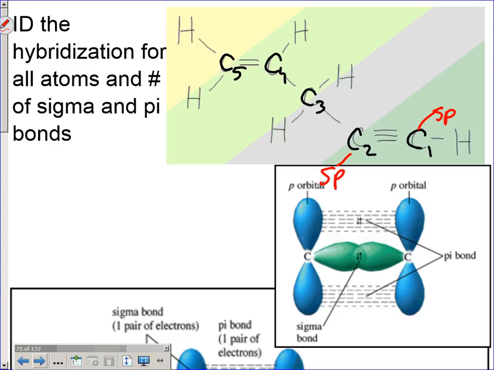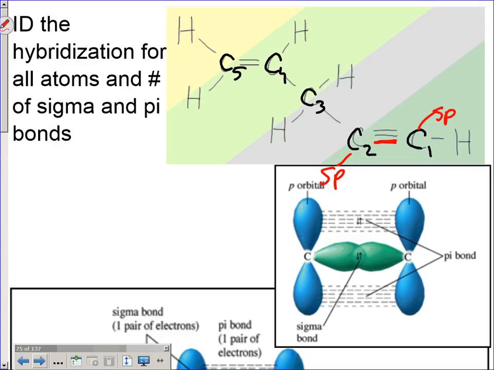What's happening to the other p's? They're helping form the triple bond, right? One goes up and down, one goes out on both sides, and they're overlapping top and bottom, because they are free to do that. That first sigma bond is overlap of the sp orbitals, and then the 2 p orbitals that are unhybridized will stay and allow for overlap to occur. Let me finish this, hold on.